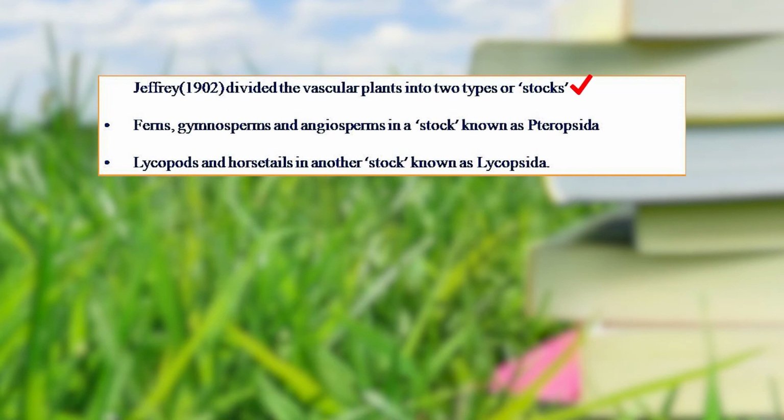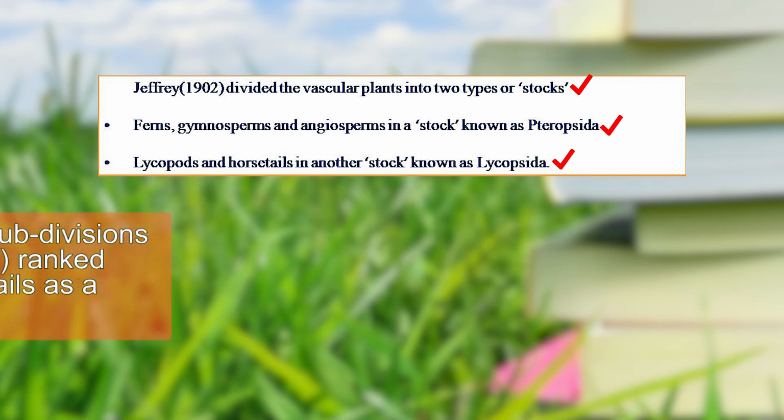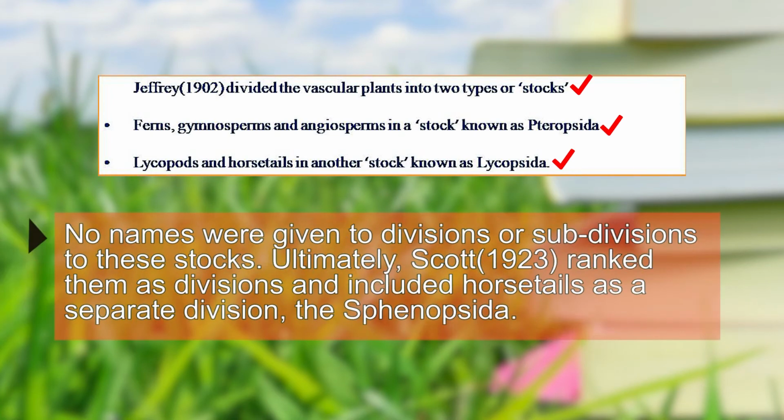In the first stock, he kept ferns, gymnosperms and angiosperms and termed these as Pteridopsida, and in the second stock he kept lycopods and horsetails, known as Lycopsida. He could not name all these stocks. Later on in 1923, Scott ranked them as divisions and included horsetails as a separate division, the Sphenopsida.